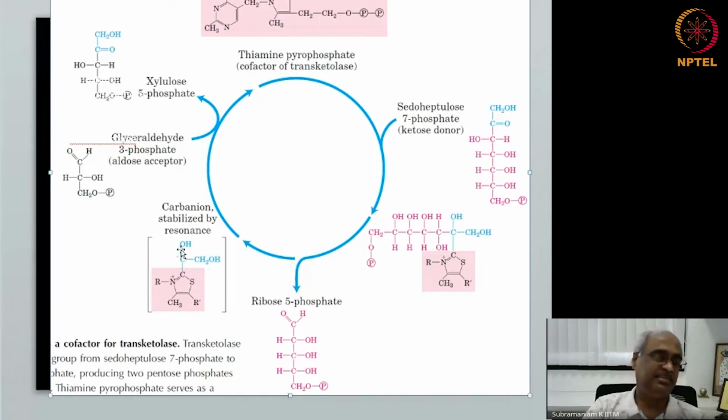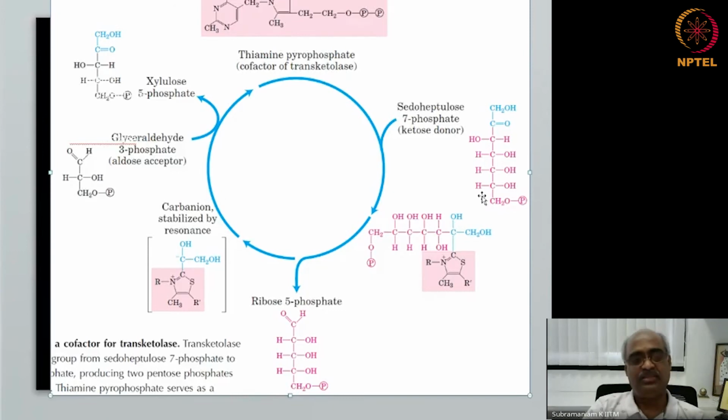And this is then transferred to glyceraldehyde 3-phosphate, forming xylulose 5-phosphate. So essentially this keto group is now transferred to an aldose sugar, making that into a keto sugar. That is why it is called transketolase.